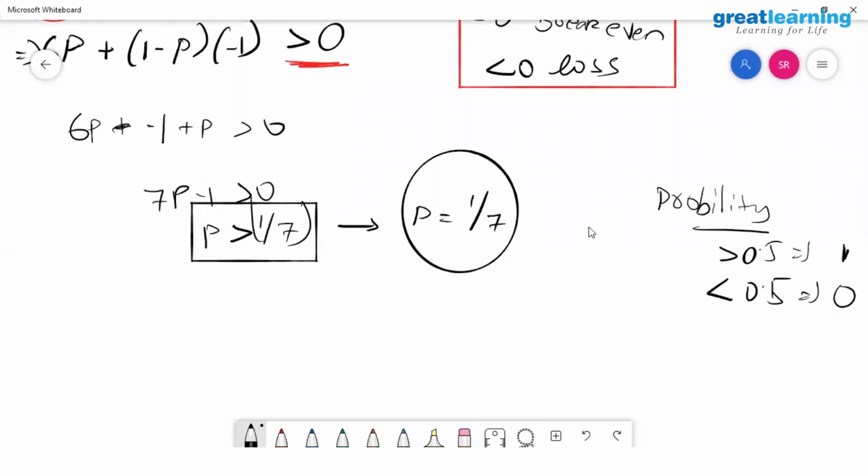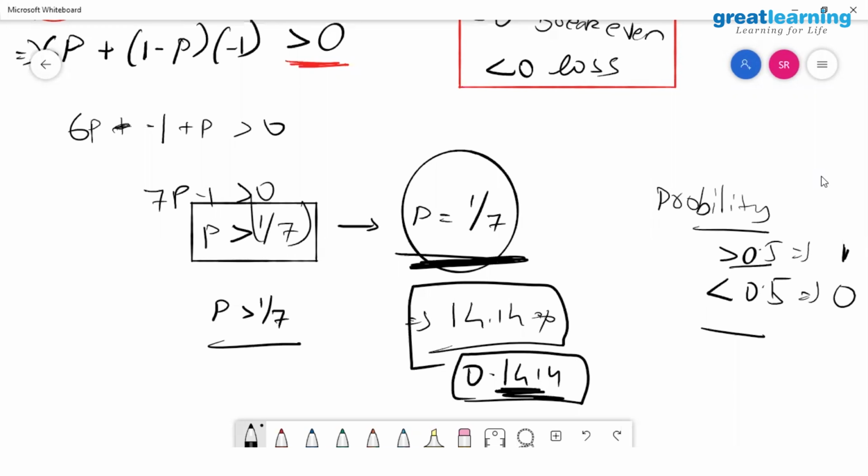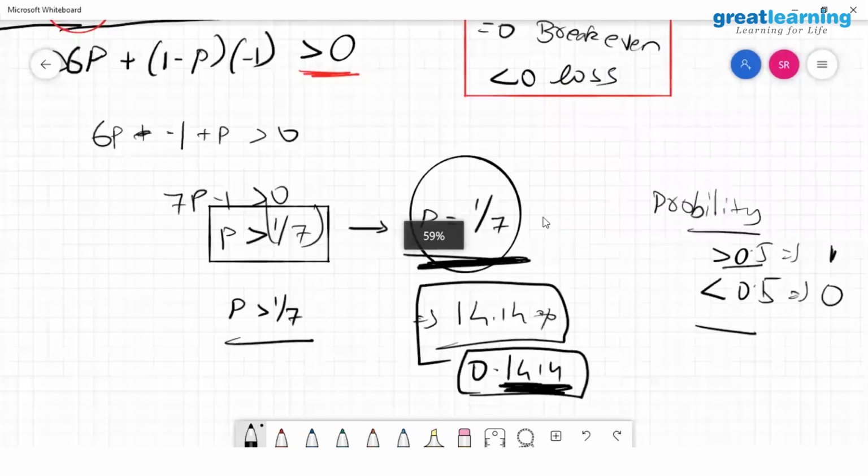Now here, if I want a profit, I should set my cutoff value greater than 1 by 7, which is about 14.14%. So I should set the cutoff at about 0.1414 instead of 0.5, since I wanted a profit. Setting this cutoff is again one important criterion.